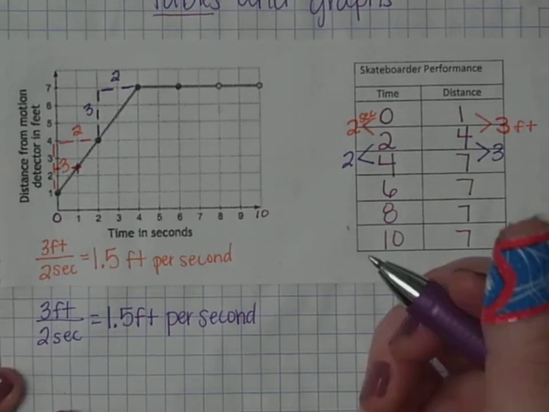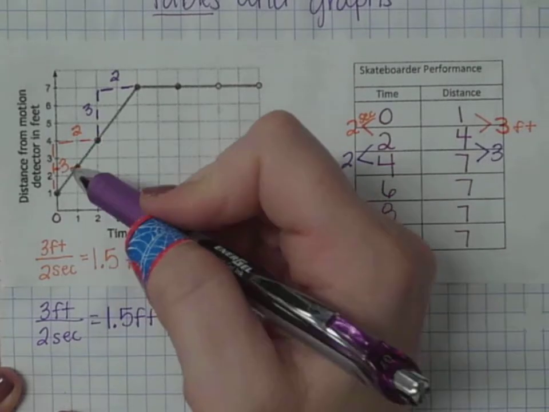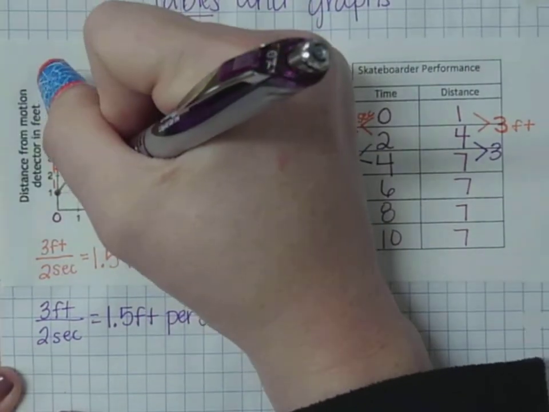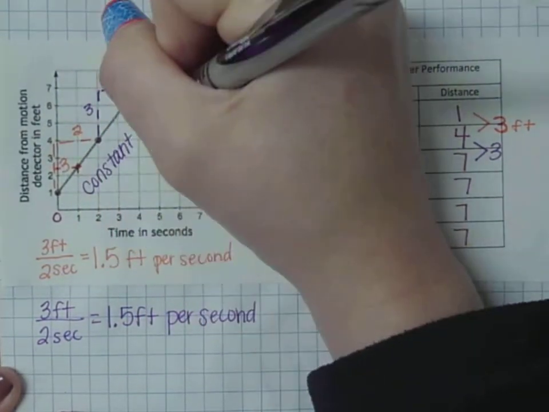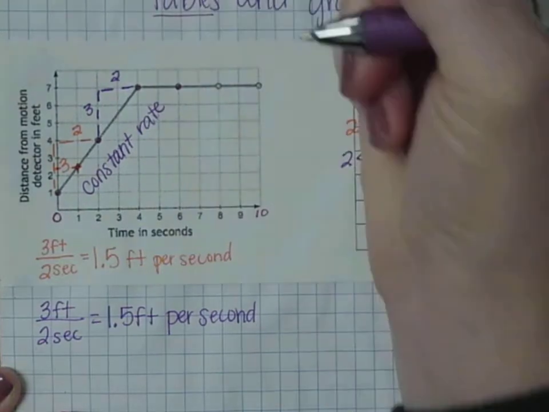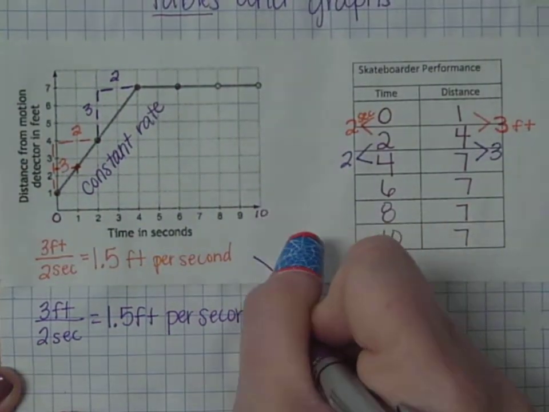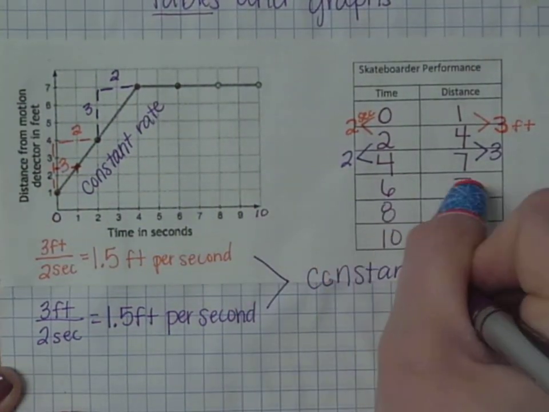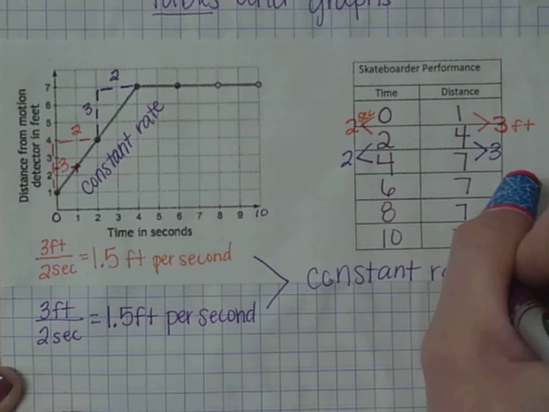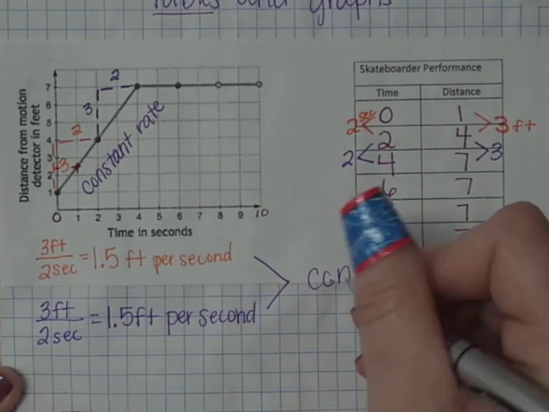Okay. So notice on this line, it was a constant rate. These are constant rates.